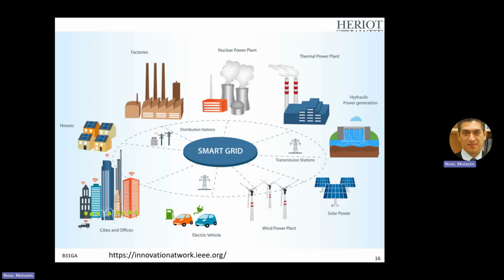Factories get this power as loads, houses, loads. Even our houses can be considered as a load and as a generator. We have solar panels. So this is what we call distributed generation. Instead of having generation at only one site, we are having it from different locations, which we call distributed generation.